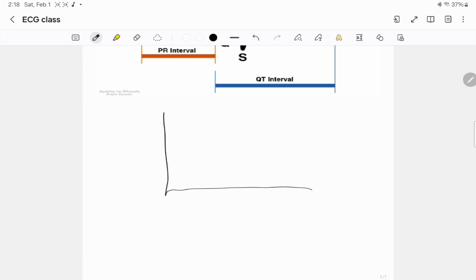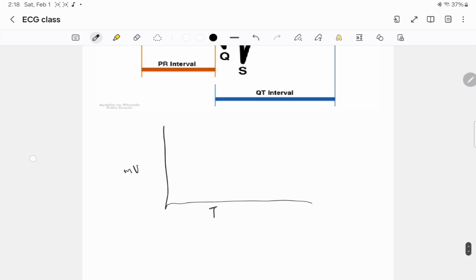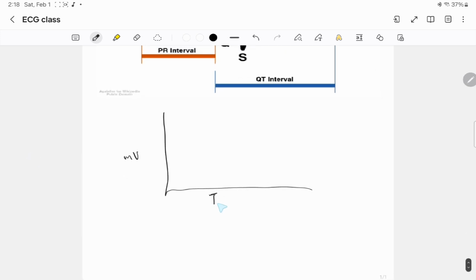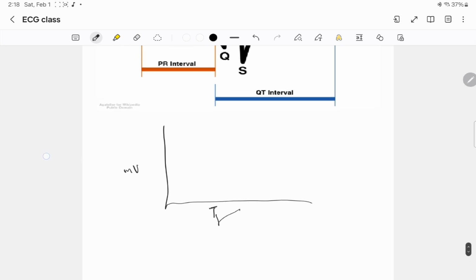So as we mentioned earlier, ECGs are vector analysis diagrams, and the values are on the y-axis millivolts and on the x-axis time. Okay, so when we analyze the width of the PR segment, we are basically analyzing time. So what does this time represent?